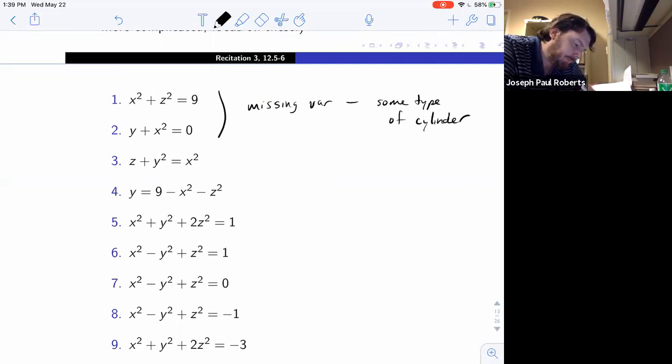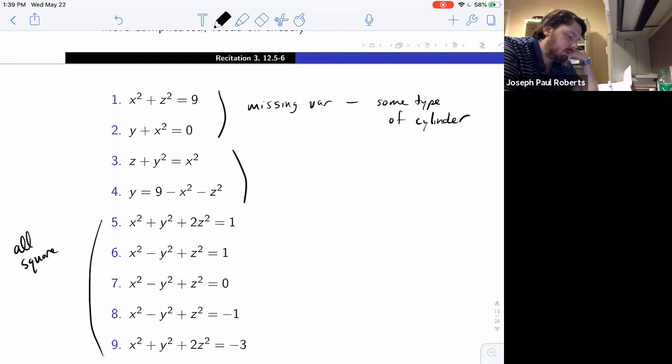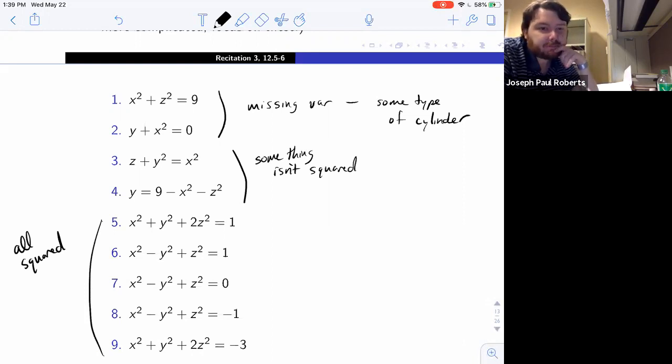Okay. Then let's look at these next ones. Looking at all the rest of these, equations 5 through 9, they're all squared. Whereas in 3 and 4, something isn't squared.